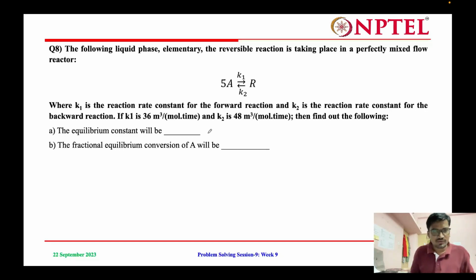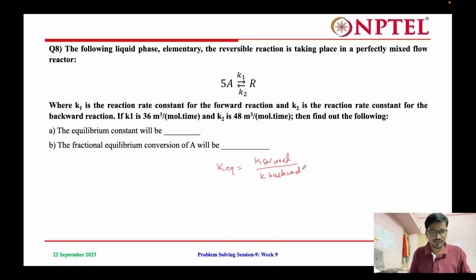So as you know, the equilibrium constant K equals K forward divided by K backward.